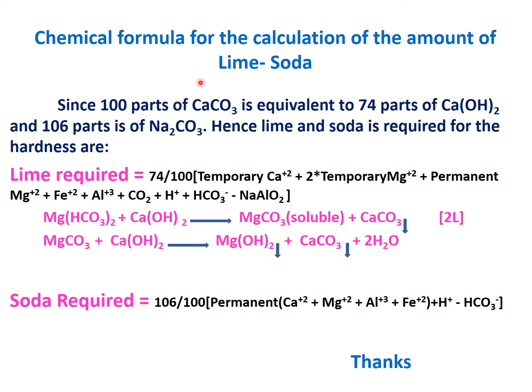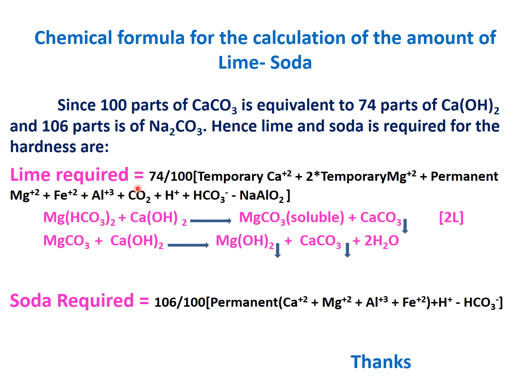So this is the formula for how to calculate the required amount of lime and soda. Since 100 parts of calcium carbonate is equivalent to 74 parts of lime and 106 parts of sodium carbonate, lime and soda required for the hardness can be calculated.